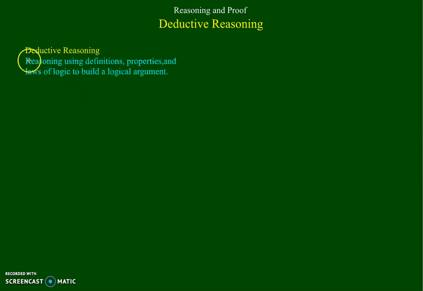The idea at hand here is deductive reasoning. Deductive reasoning is reasoning using definitions, properties, and laws of logic to build a logical argument. So anyone who's ever read or watched a detective story and has heard of the name Sherlock Holmes. Sherlock Holmes is Arthur Conan Doyle's arguably the greatest logical reasoner of all time.